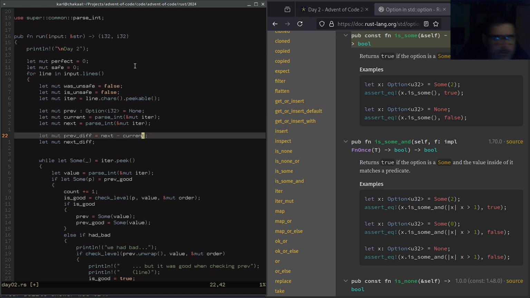And I'm trying to think of how we want to handle the special case. So the only way I guess we could be bad in this case is if our magnitude is greater than 3. Or if we're equal.